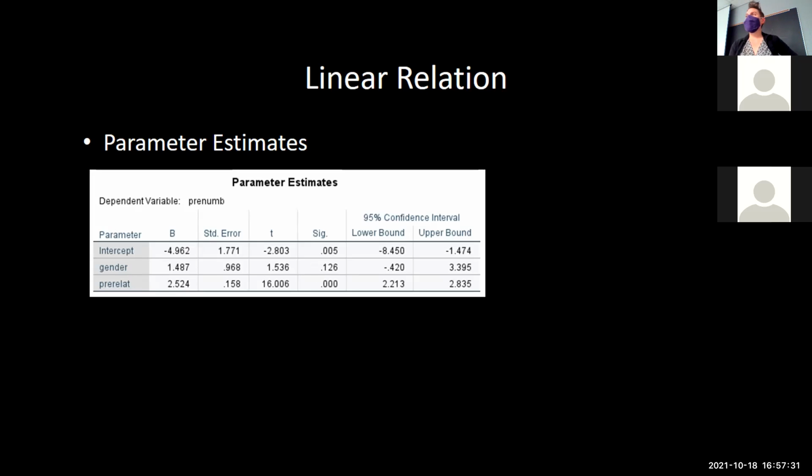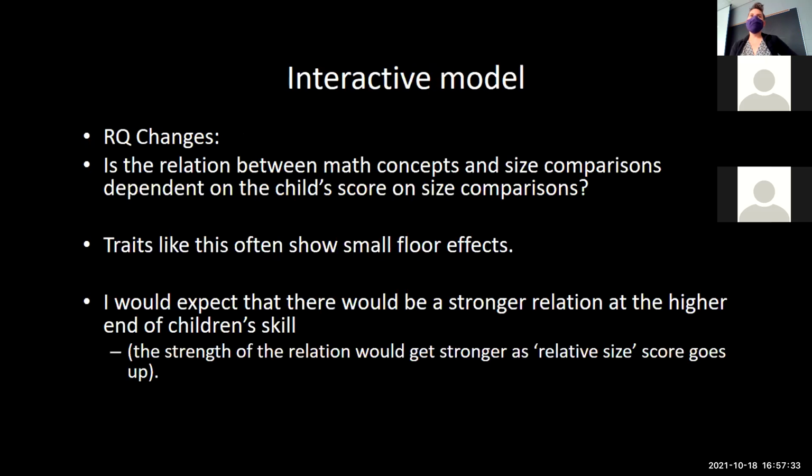So now if I want to next examine a nonlinear relation, it changes our research question somewhat. Now the research question is: is the relation between math concepts and size comparisons dependent on the child's score on size comparisons? Still controlling for gender. So why would I think this?